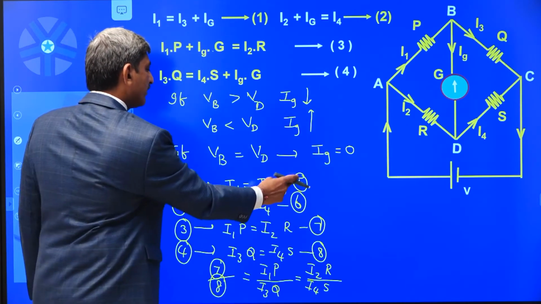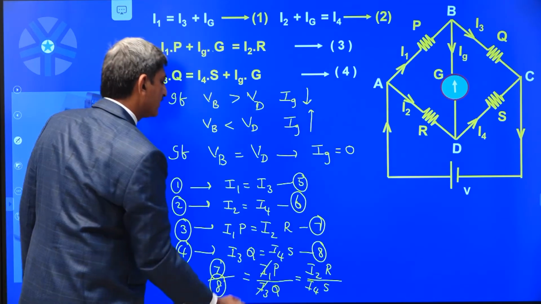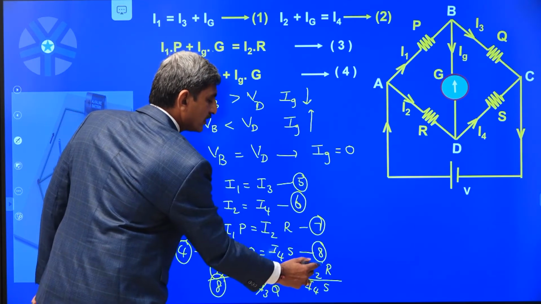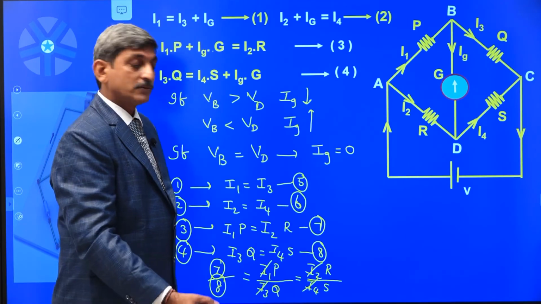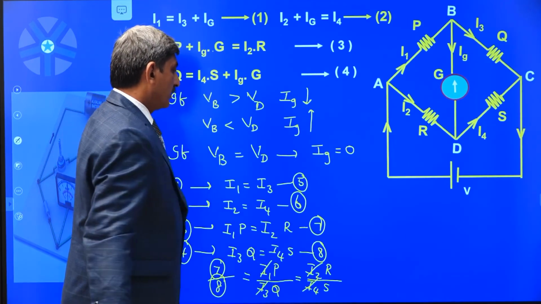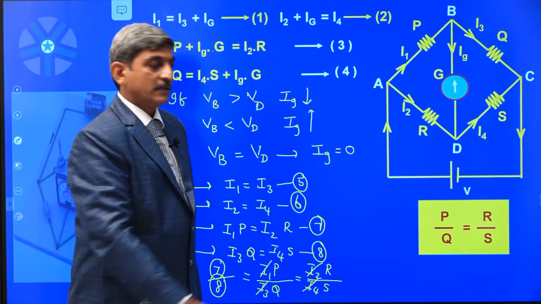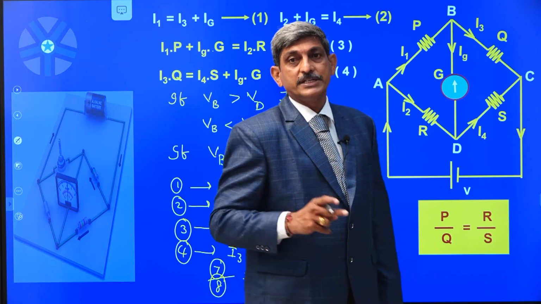But already from equation number 5, I1 is equal to I3, so that these two are cancelled. And from equation number 6, we have I2 is equal to I4, so that I2 and I4 are cancelled. So we have P by Q is equal to R by S. This is the balancing condition of the Wheatstone bridge.